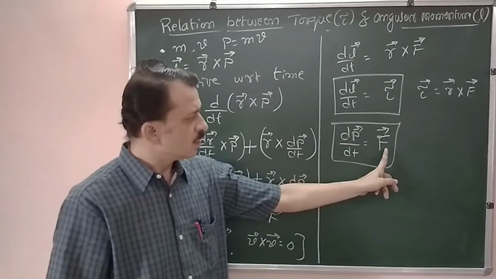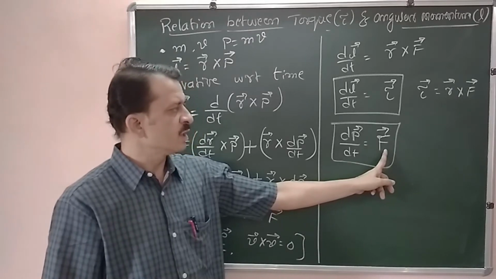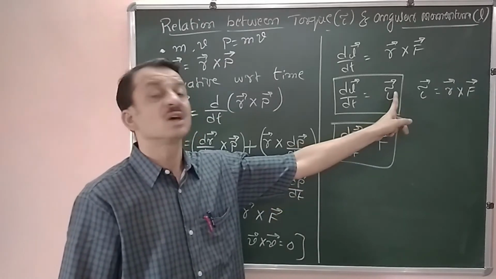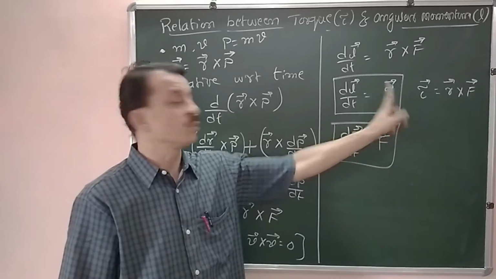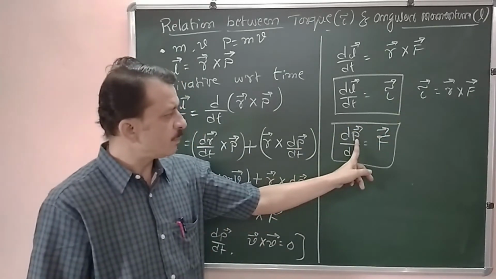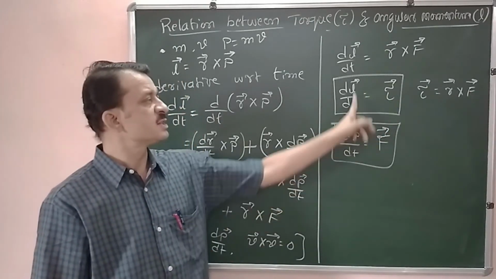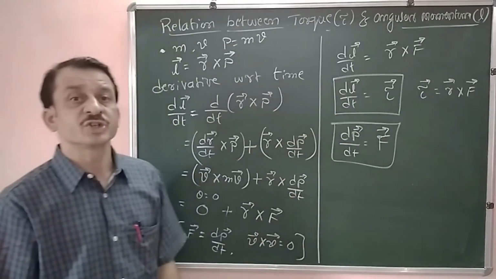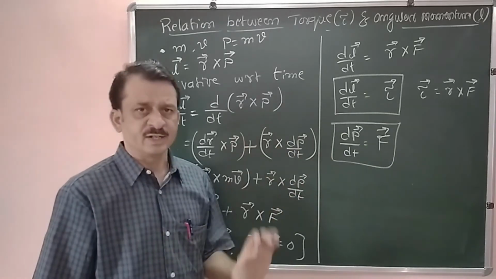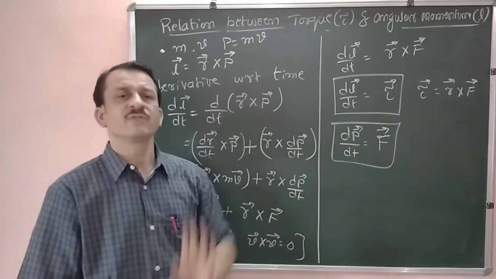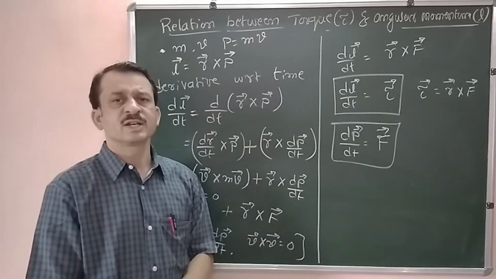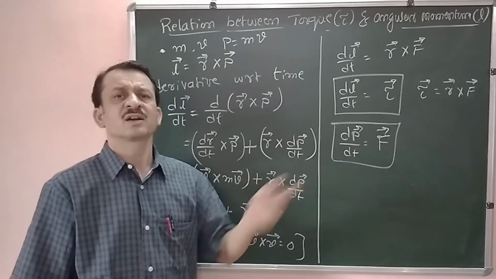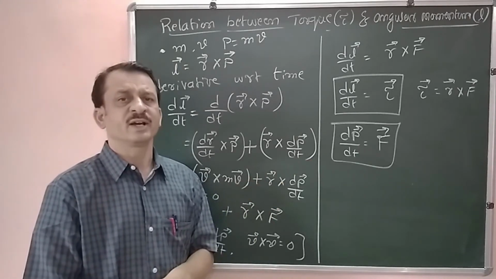The force in linear motion is analogous to torque in rotational motion. The linear momentum in linear motion corresponds to angular momentum in rotational motion. Hence, the rate of change of angular momentum is equal to the torque acting on the particle.